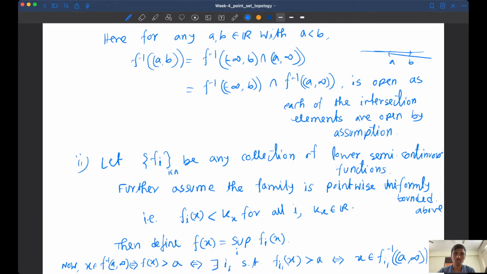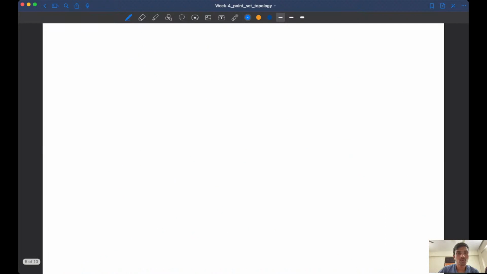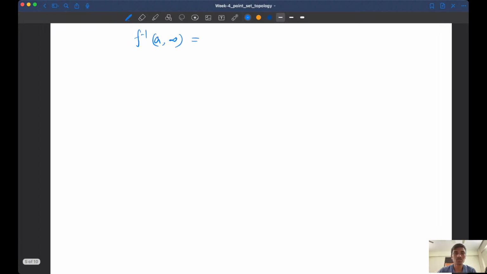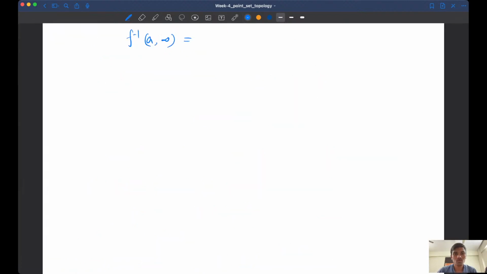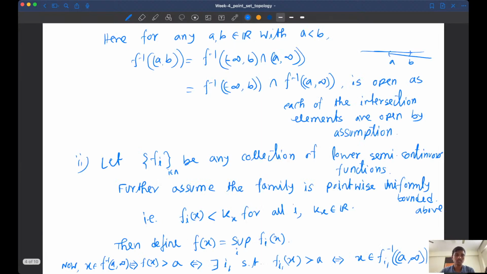So combining both ways, f inverse of (a, infinity) is nothing but the union over i belonging to the indexing set of f_i inverse of (a, infinity), right? Is this clear? I want to show that f is lower semi-continuous, so I have to show that f inverse of (a, infinity) is open.